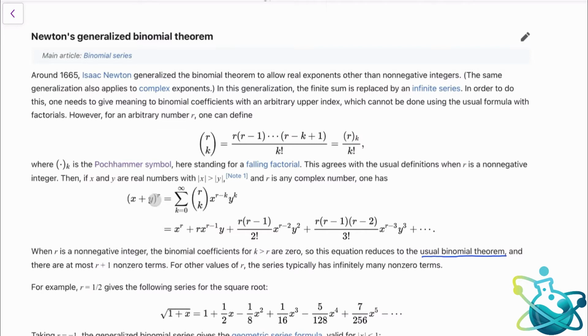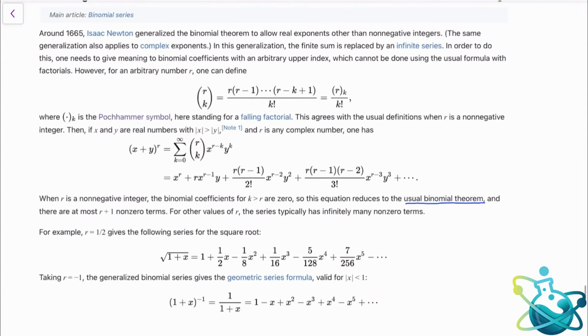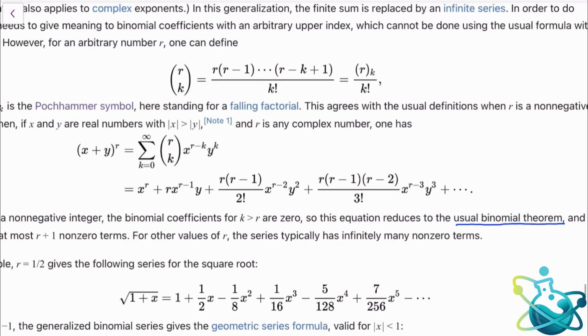In this case, he used an r. It looks similar to the other one, which they refer to as the usual binomial theorem. But you see here, the k goes not from 0 to n, it goes from 0 to infinity. So the terms that are added go on to infinity.